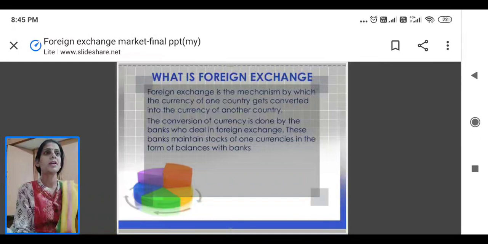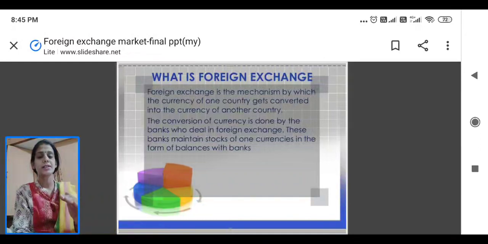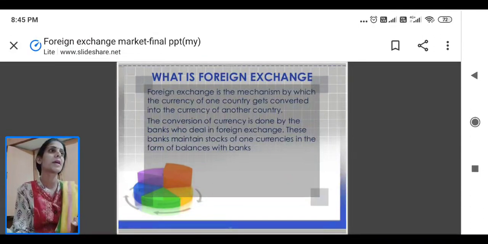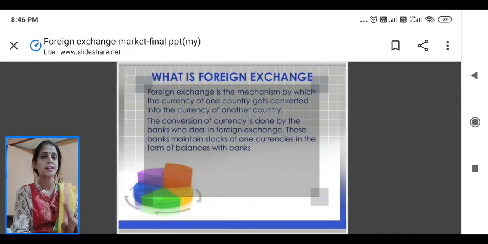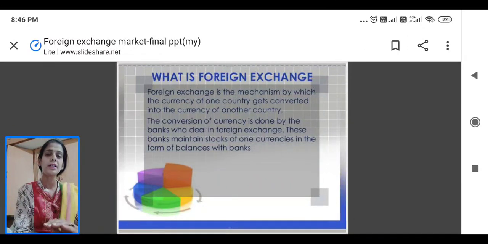In the same way, in order to convert that currency, we need foreign exchange. So foreign exchange is the mechanism by which the currency of one country gets converted into the currency of another country, which means you are changing the currency of the domestic country to another country.